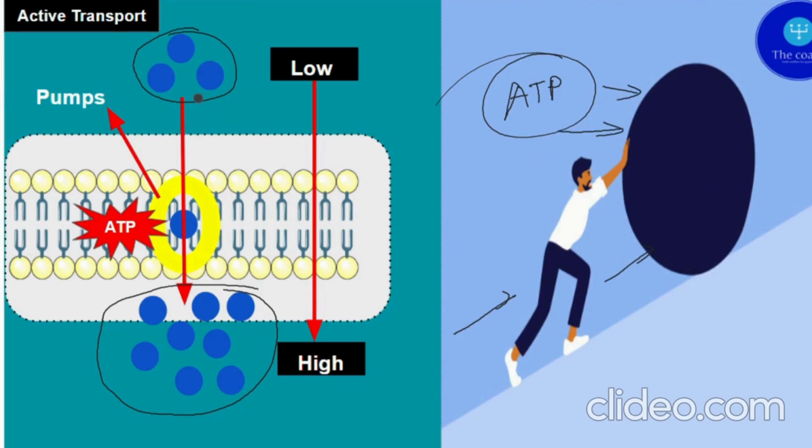Similarly, the molecules moving from lower concentration to higher concentration require energy, and this whole transport is facilitated by channel proteins known as pumps. These are known as pumps because they require ATP or energy to work and send the molecules from lower concentration to higher concentration.